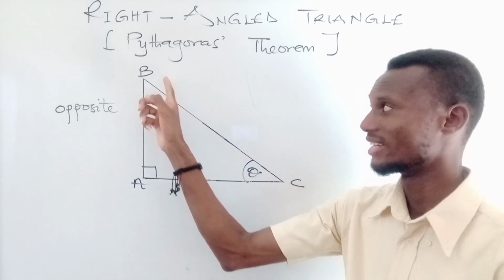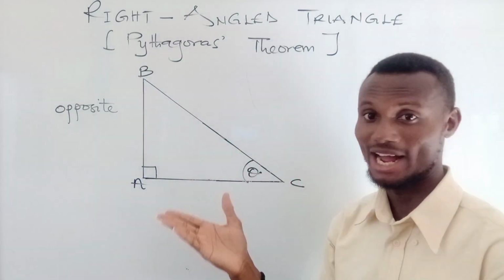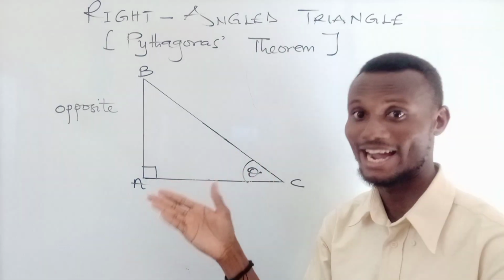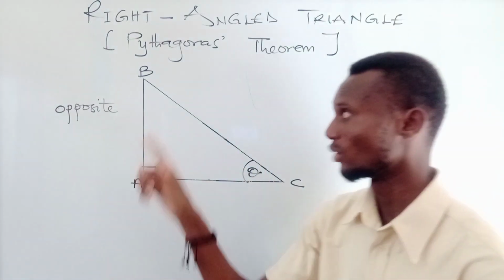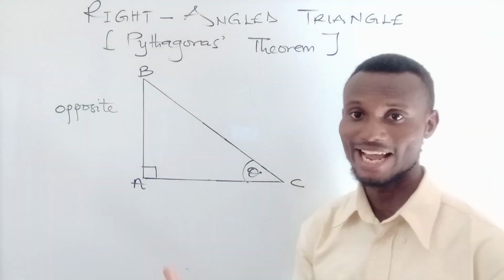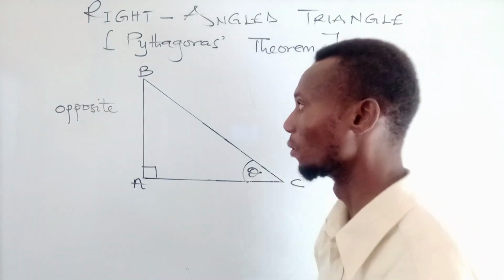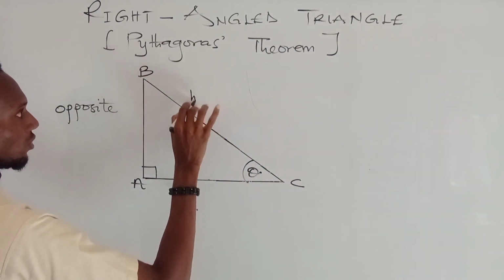Always the longest side, which is mostly the slanted side of the triangle, is referred to as the hypotenuse. So line BC or length BC is called the hypotenuse. I'm going to write my hypotenuse here.